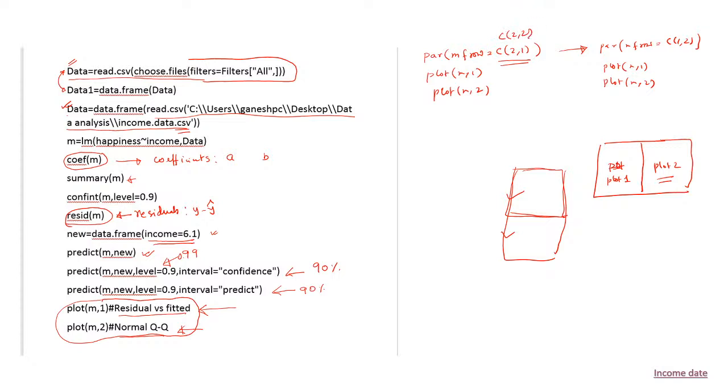In that case you divide your whole graph paper into four parts, and in that situation you can paste a maximum of 4 graphs here, okay. So in that way you can paste multiple graphs in a single graph paper, okay. So please tell me, have you any questions?